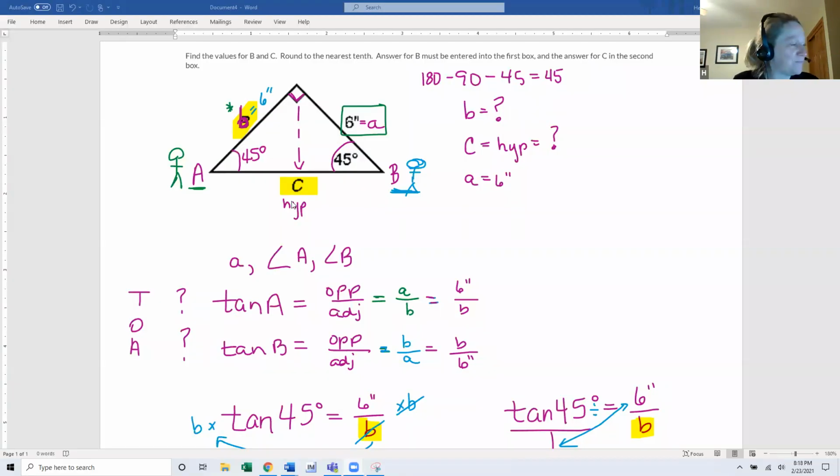The question says, give your answers for B and C with 1 decimal. What is the answer for B with 1 decimal? It would be 6.0, right? Yes, it would be 6.0. You guys are ahead just because of that. And then it would be 7.8 for the next one, right?